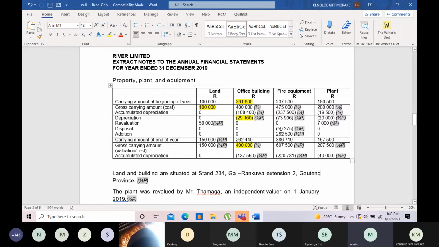I'm not referring to the 59,000 of the disposal, but to the one I got by multiplying 475,000 by 12.5%, because we're using the straight line method. By dividing those, you're going to get the 4 years. So let's go back to that calculation.